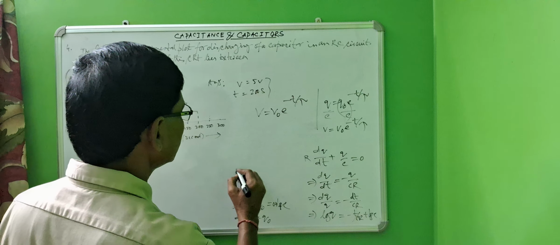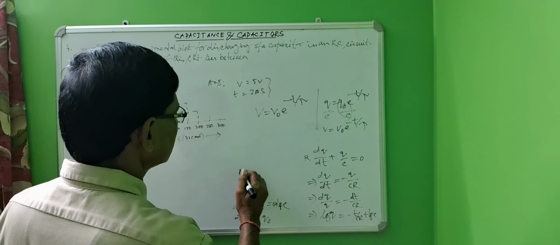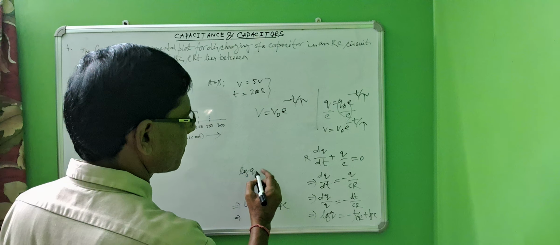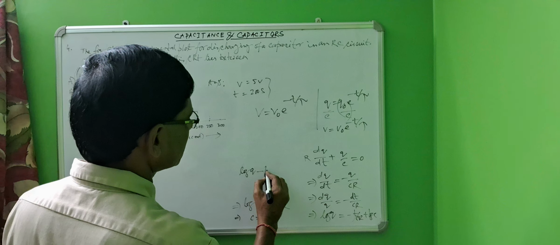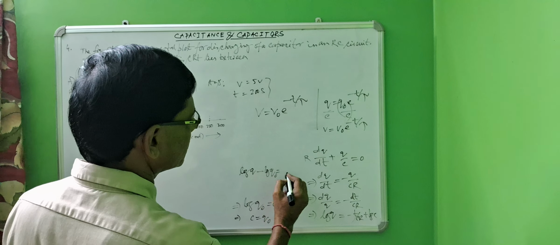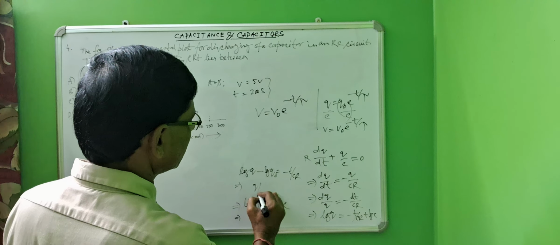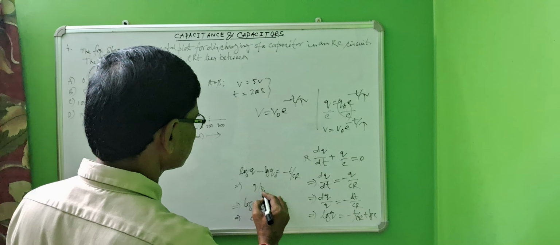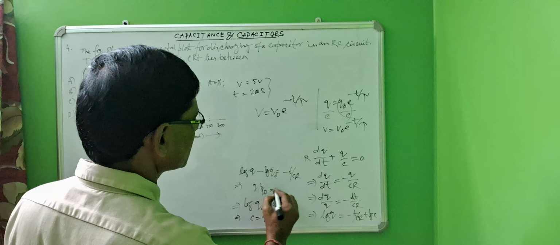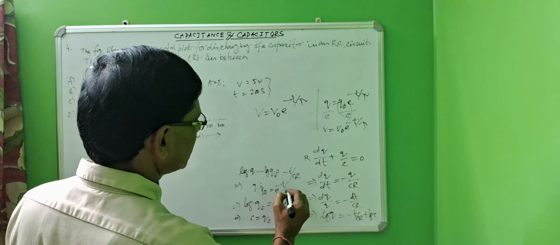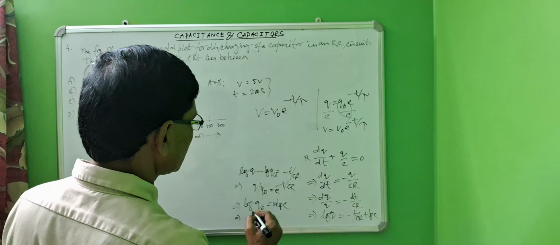So putting it here we get log q minus log q0 equals minus t upon CR. We get q upon q0 equals e to the power minus t upon CR.